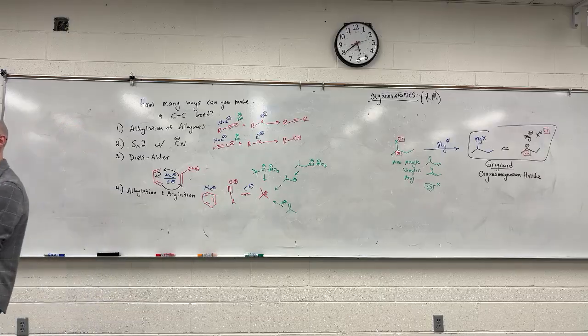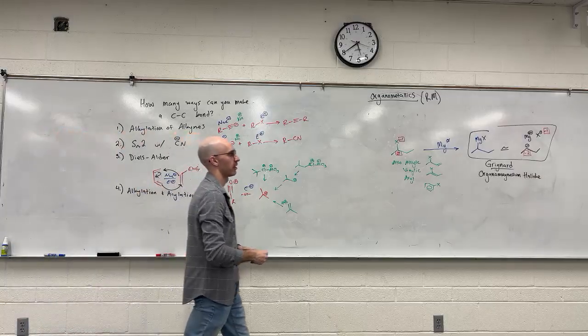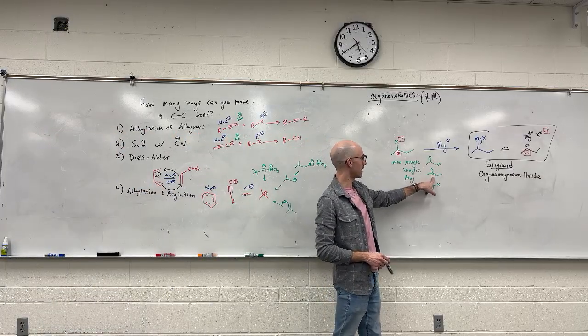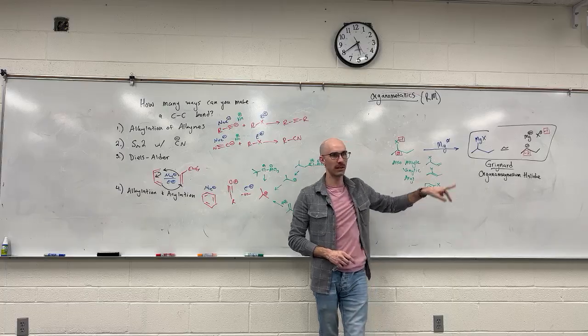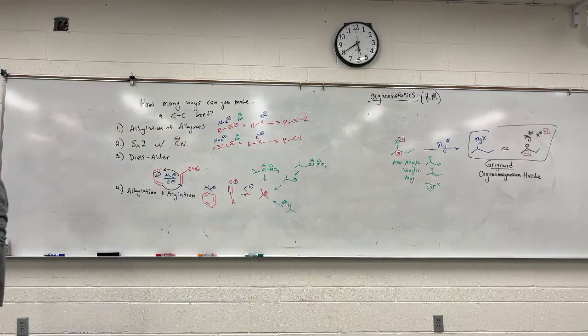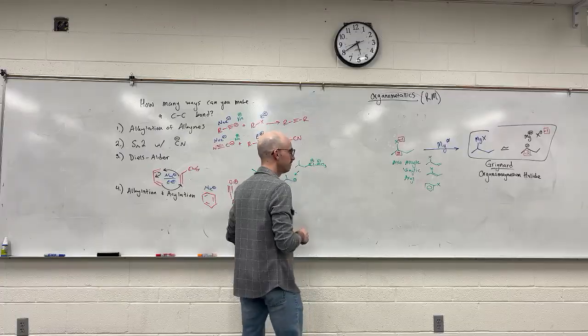Here's what I would like you guys to do. Draw me the Grignard structure for the allylic Grignard with chlorine and the vinylic Grignard with bromine. Can you show me the allylic Grignard that forms just from that structure that I've given you with chlorine as the halide, and the vinylic Grignard with bromine?